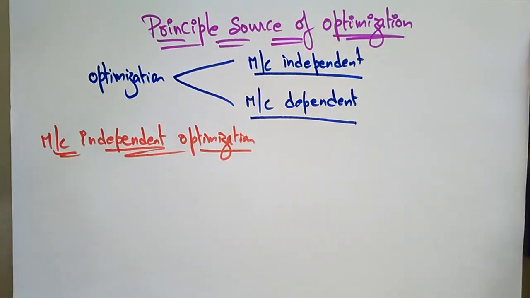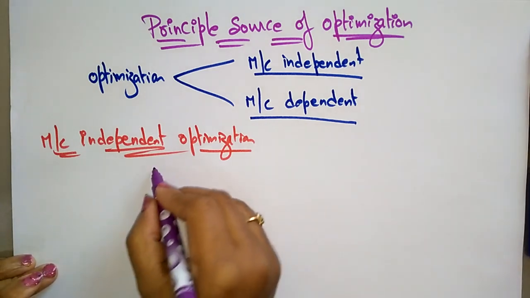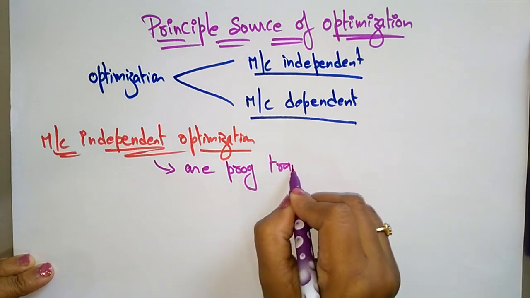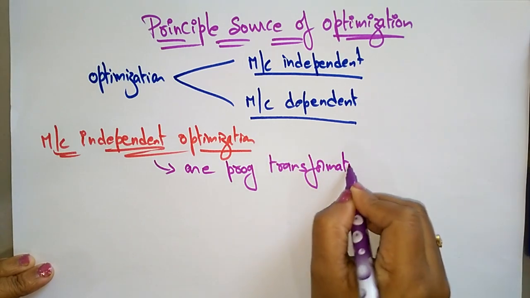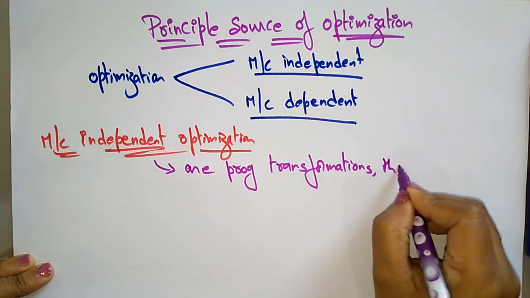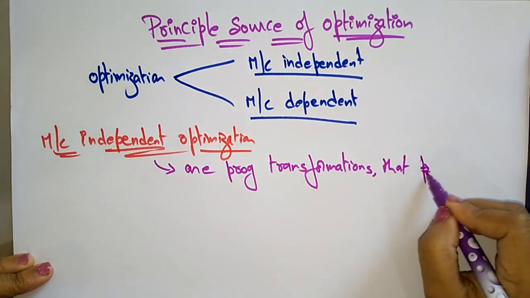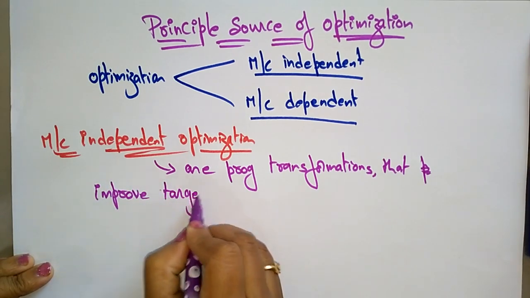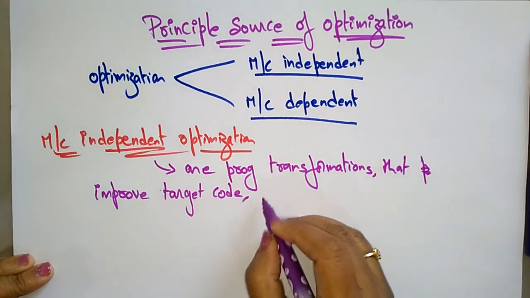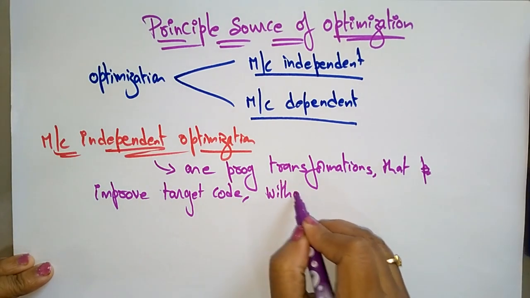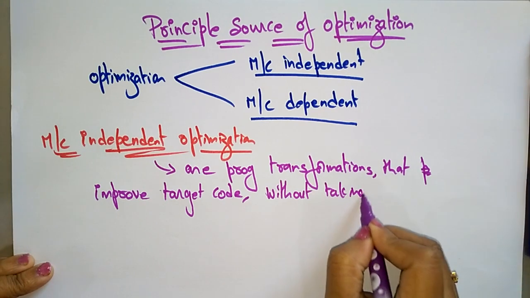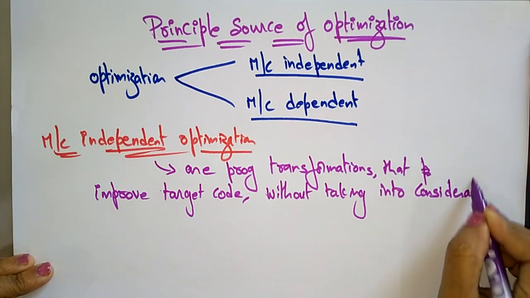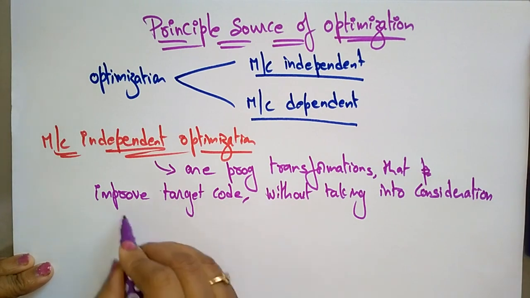The machine independent optimizations, or program transformations, that improve target code without taking into consideration any properties of the target machine.